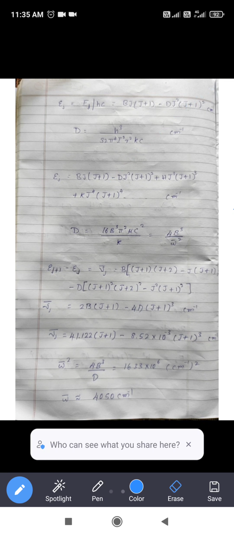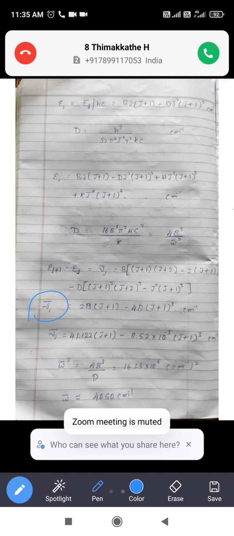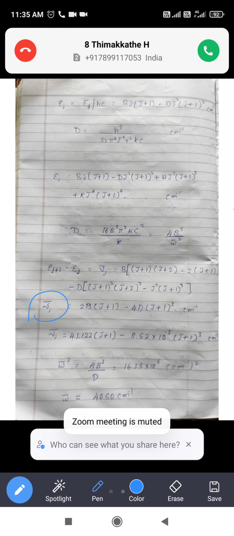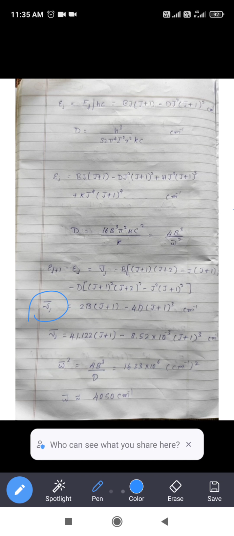After simplification, we get nu J bar, the absorption line, which is equal to 2 times B into J plus 1 minus 4D times J plus 1 whole cubed, in centimeter inverse.